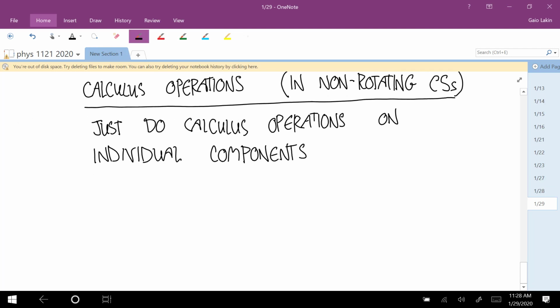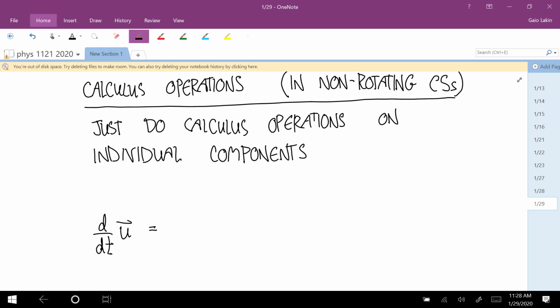So the time derivative of a vector u, I'm going to move this down.